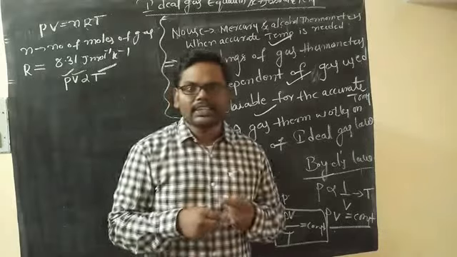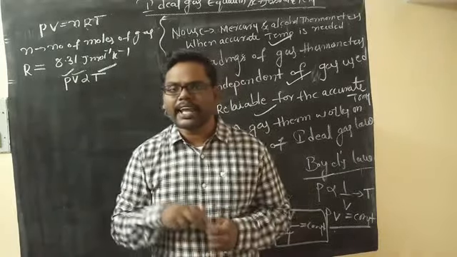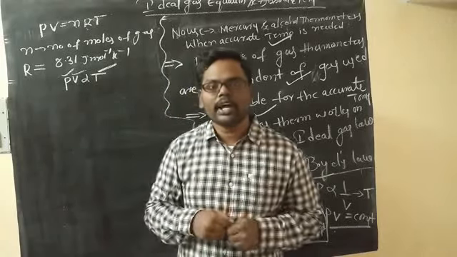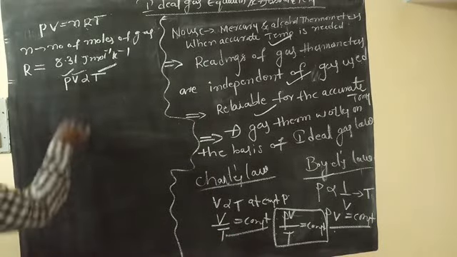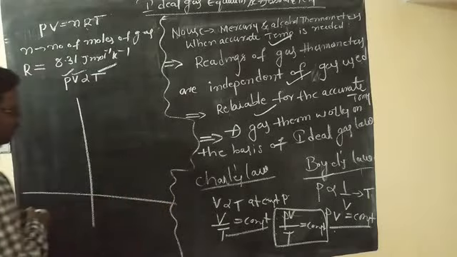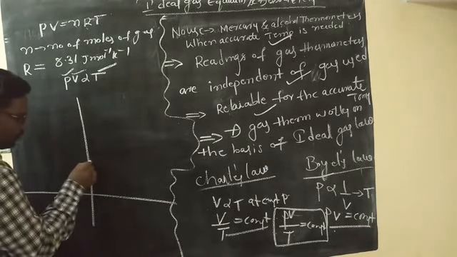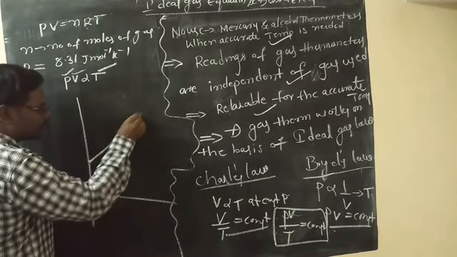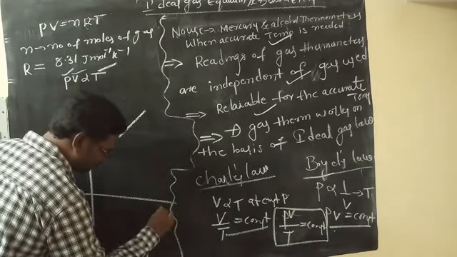Experimentally, all gases at low density exhibit the same expansion behavior. Let's take a graph for a low density gas. For a low density gas we get a perfect straight line like this, and this is a temperature-pressure graph.